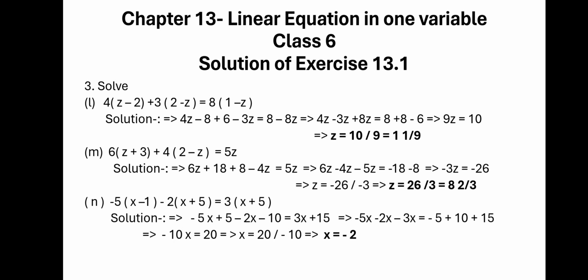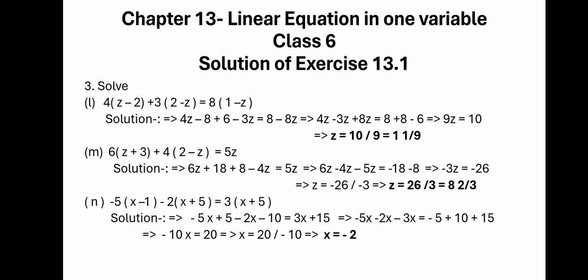That implies 4z minus 3z, that is there on the left hand side. So we have to take the negative 8z on the left hand side as positive 8z. So 4z minus 3z plus 8z will give you... Now on the right hand side 8 is only there. So we have to bring negative 8 and plus 6 to the other side. So it will become positive 8, 8 plus 8 minus 6, changing the sign.